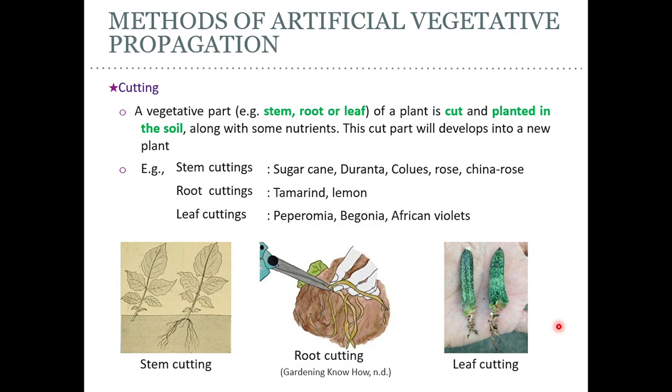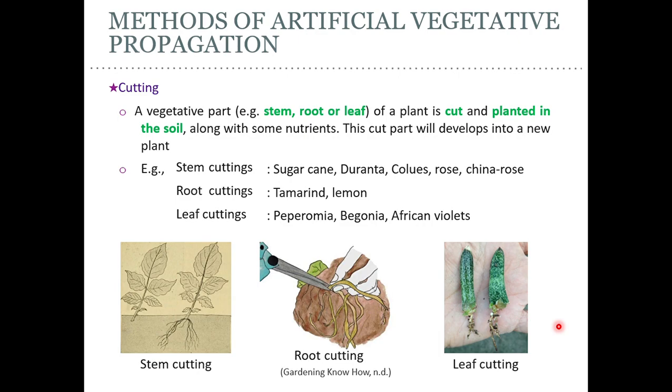The first method of artificial vegetative propagation is cutting. A vegetative part, which can be the stem, root, or leaf of a plant, is cut and planted in the soil along with some nutrients. When supplied with the nutrients, the cut part will develop into a new plant.